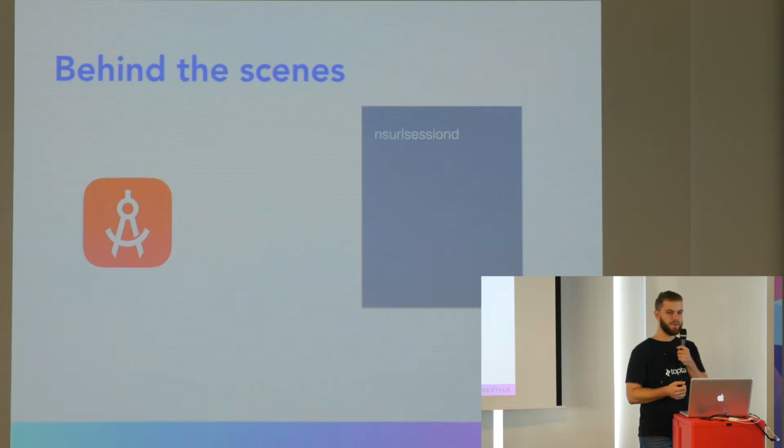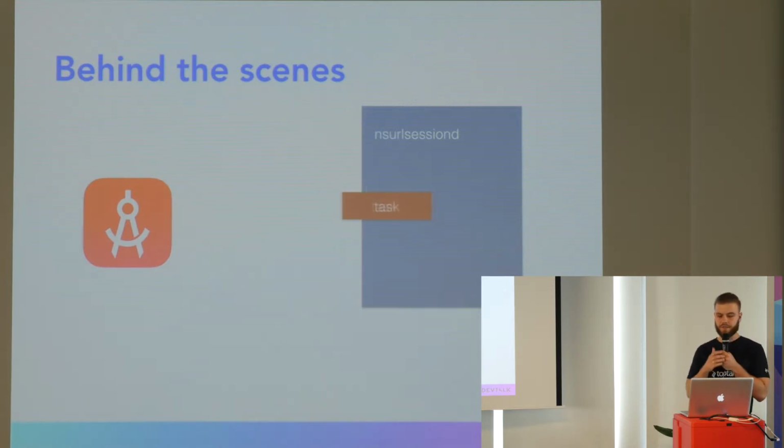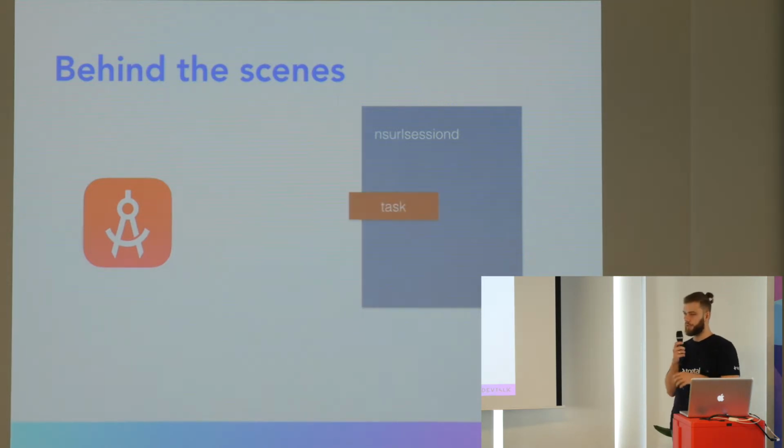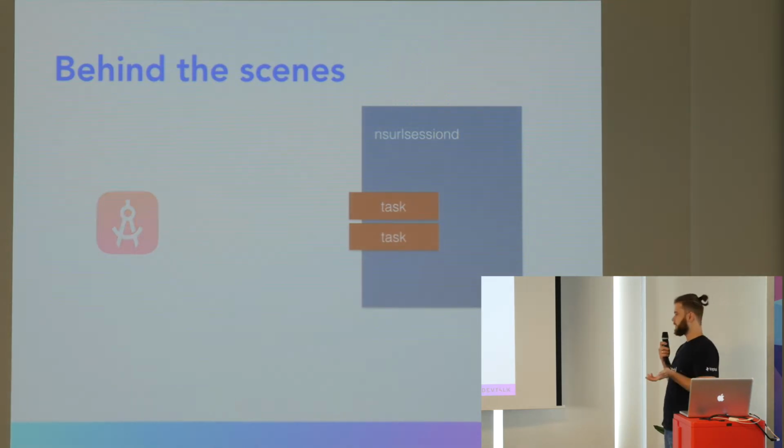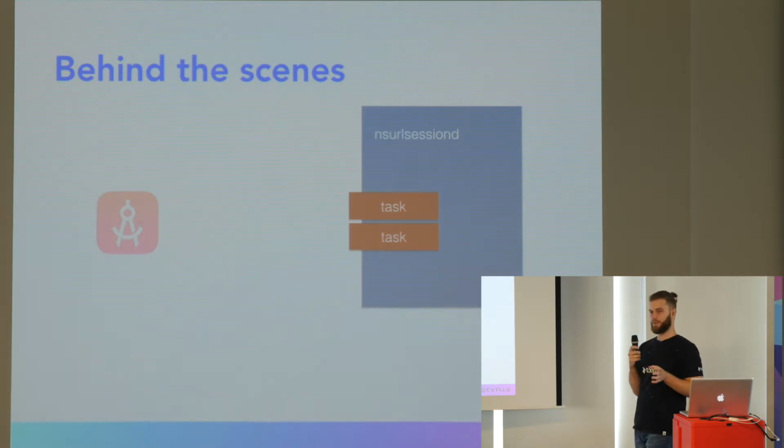So on your left is your app. You create a task and send it to the NSURLSession D process, which is a daemon and works independently of your app. After you create tasks, your app can go to the background state and then to suspended. It can even be stopped.